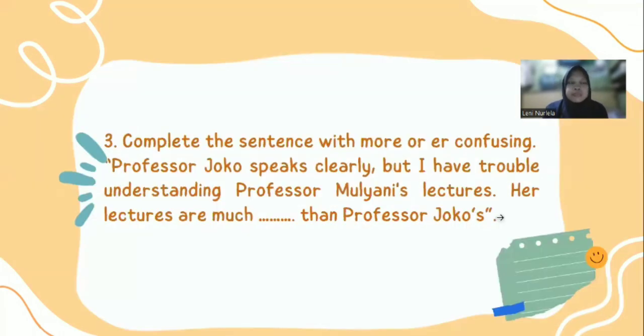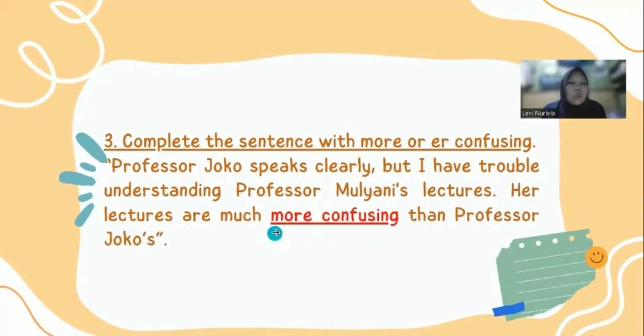Next, number 3, complete the sentence with "more" or "are confusing." Professor Joko speaks clearly, but I have trouble understanding Professor Mulyani's lectures. Her lectures are much more confusing than Professor Joko's. Why do I use "more confusing"?